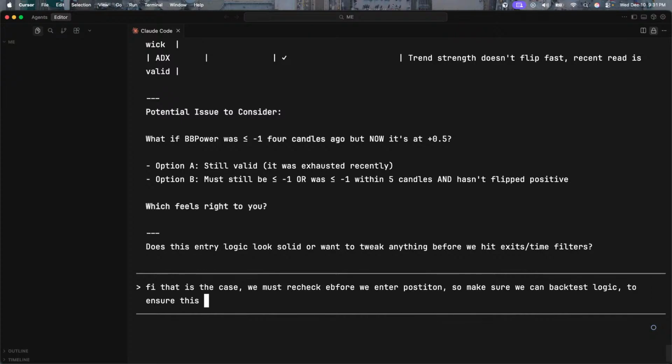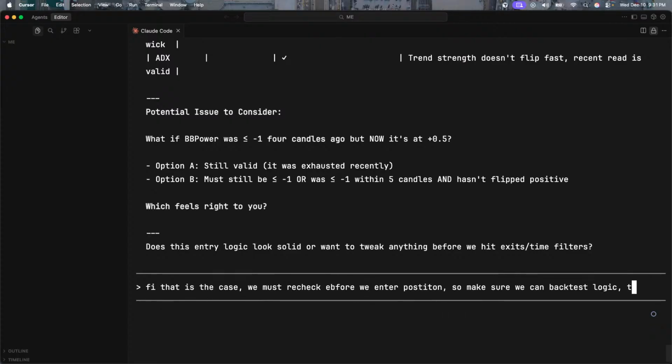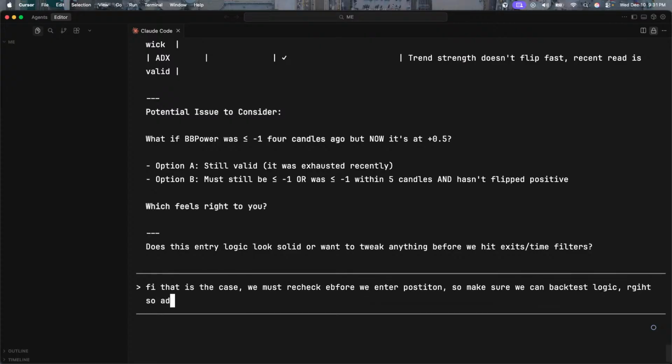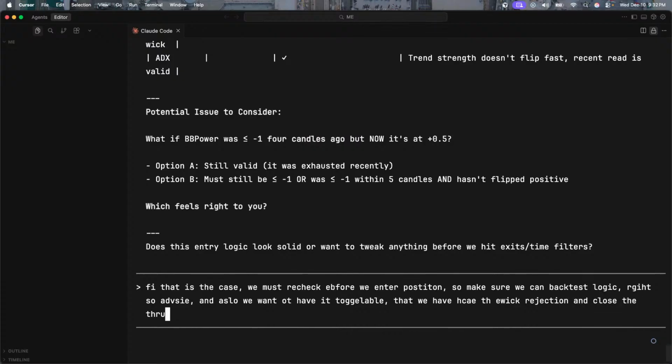So make sure we can backtest this logic to ensure this works. So advise, and also we want to have it toggleable. I know that's a weird word, but toggleable, so that we can have the wick rejection and the close through.